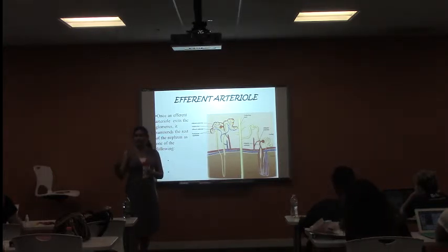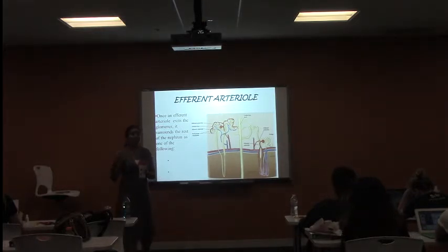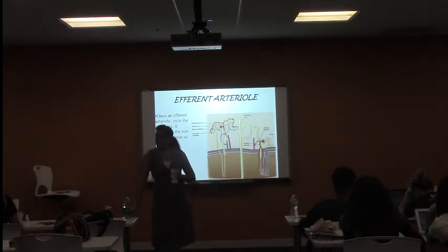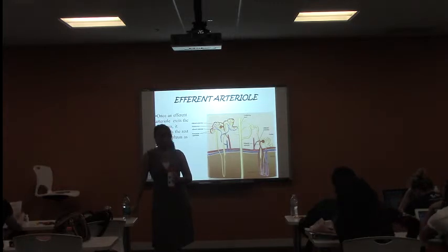So from the heart, it enters arteries. From arteries, we know arteries at one point turned into the arterioles, and that's what entered the glomerulus and then left the glomerulus. Efferent arteriole is also an arteriole. After the arteriole, what vessel does the fluid enter? Capillaries. And from the capillaries, venules, and then veins.